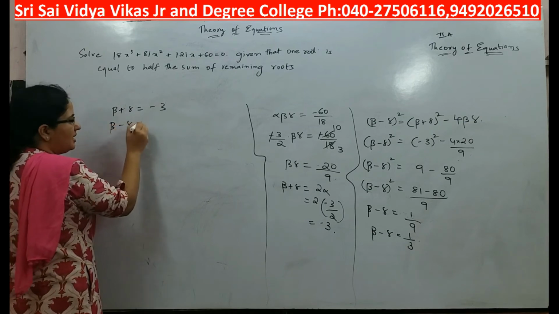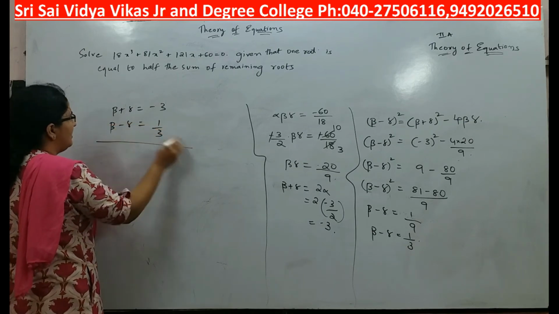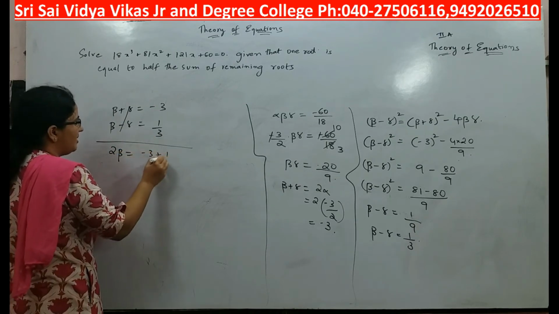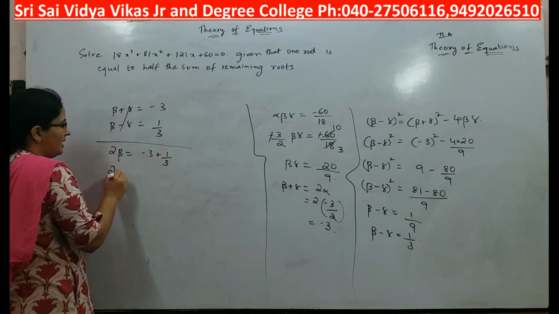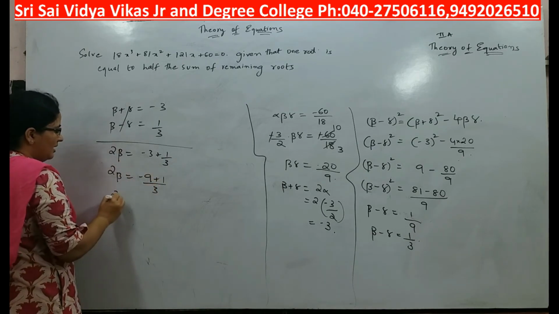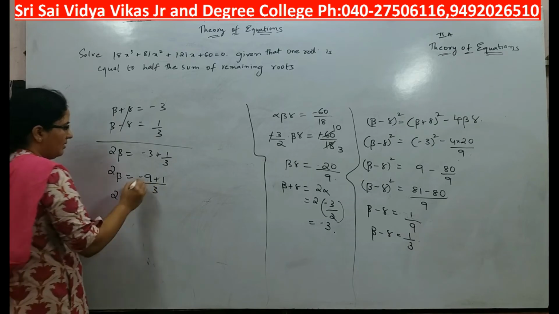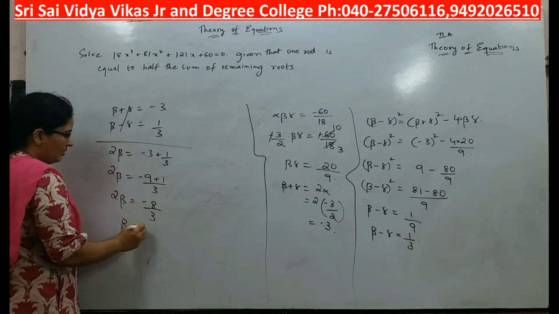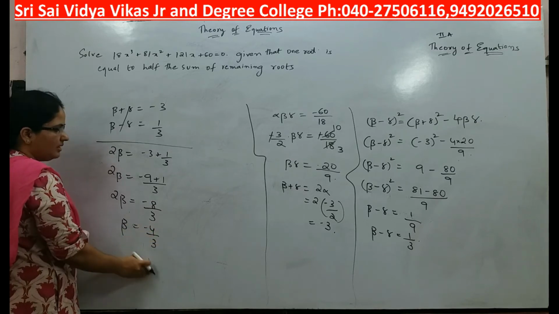Beta minus gamma is equal to 1 by 3. Add them. 2 beta is equal to minus 3 plus 1 by 3. 2 beta is equal to minus 9 plus 1 by 3. 2 beta is equal to minus 8 by 3. Beta is equal to minus 4 by 3.